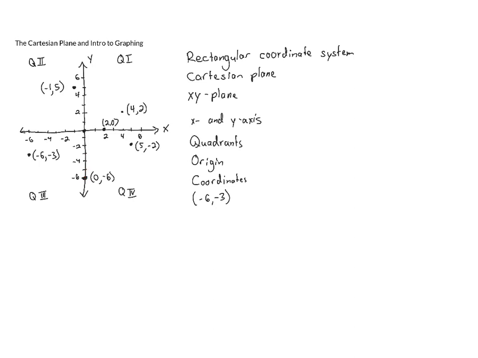And then lastly, the origin has coordinates 0, 0. So our points can be in any of the 4 quadrants. They can be along the x-axis or the y-axis. They can even be the origin. All of these points correspond to coordinates, and all of these pairs of coordinates correspond to points.